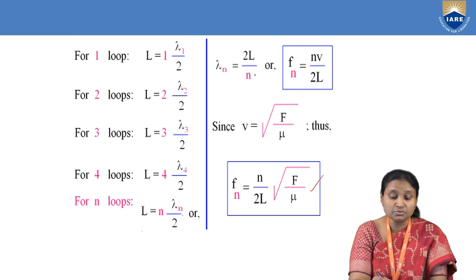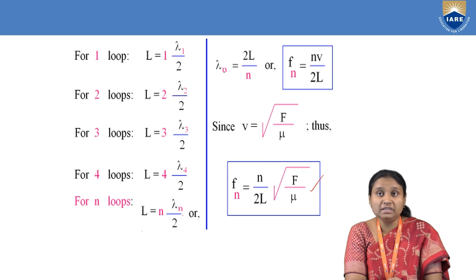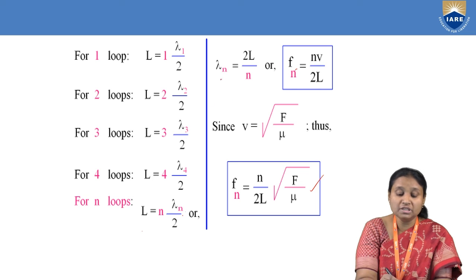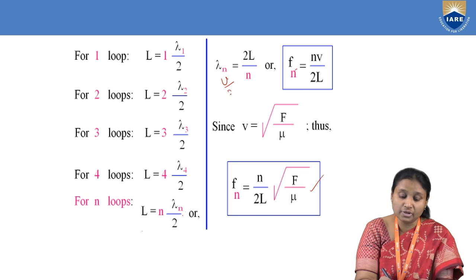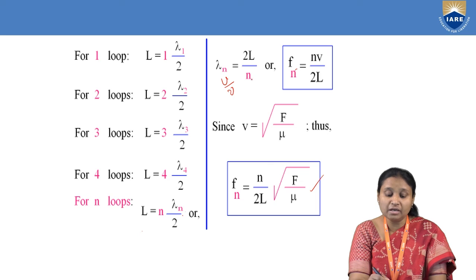So wavelength is 2L by n. We know that wavelength is nothing but velocity by frequency. So frequency will become n times velocity by 2L.